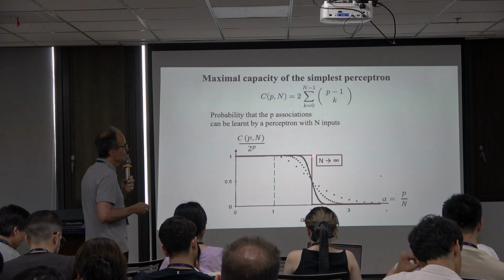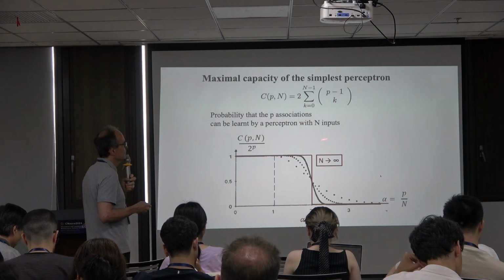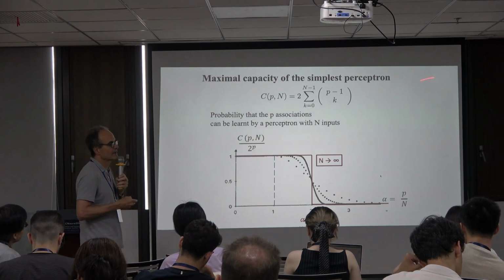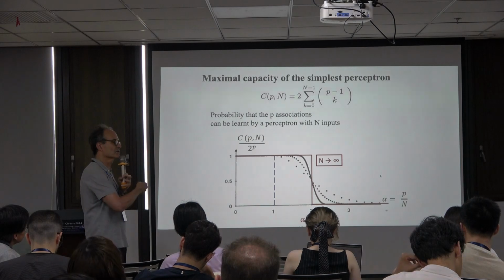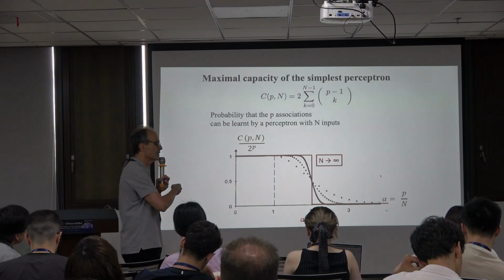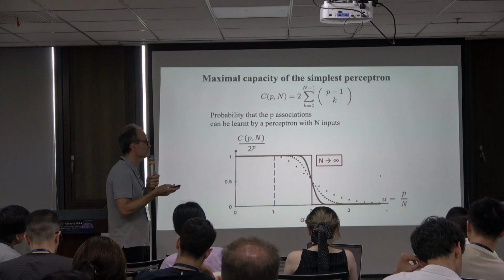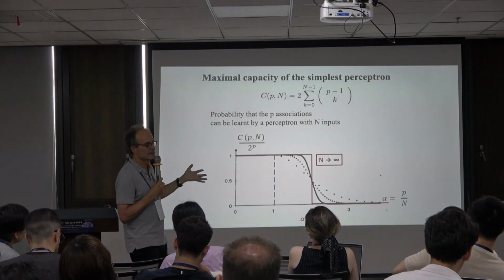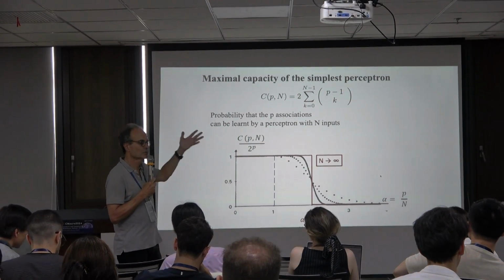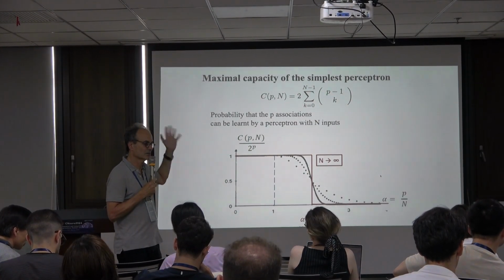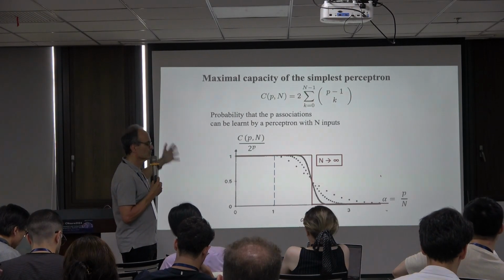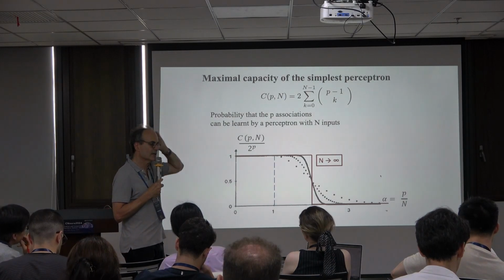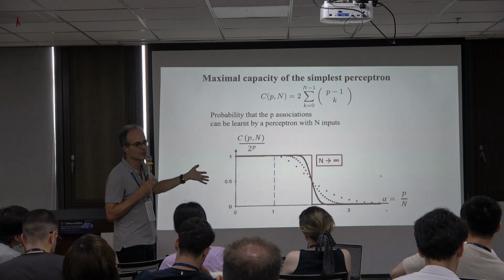So the result says that in high dimension you can store 2n associations. So you have 2n inputs and outputs that you can choose arbitrarily that you will be able to separate. Again, this says that it's good to go to high dimension, because n is the dimension of the input to the perceptron. The higher you go with n, the more associations you can store.